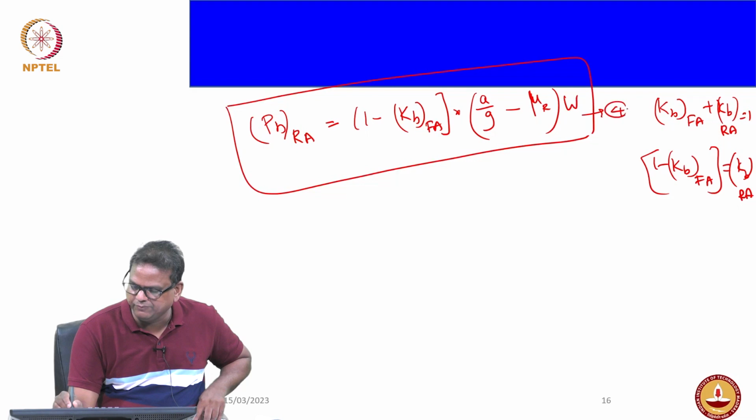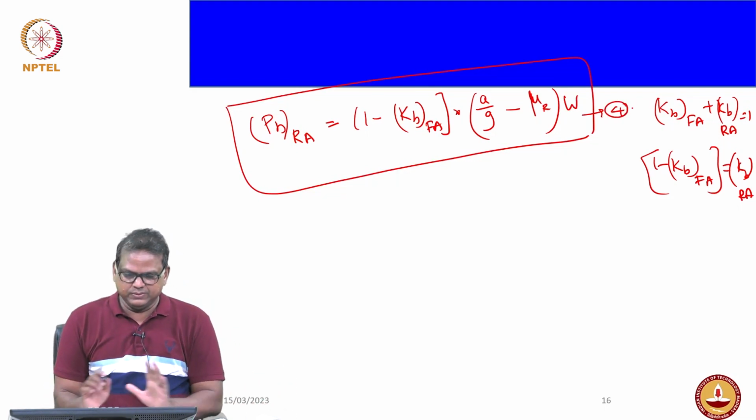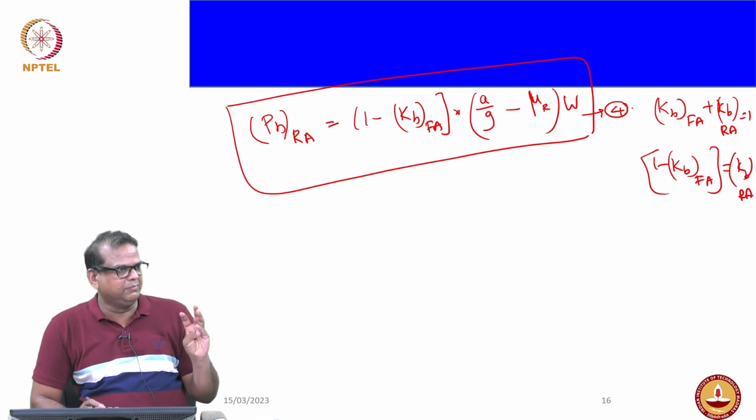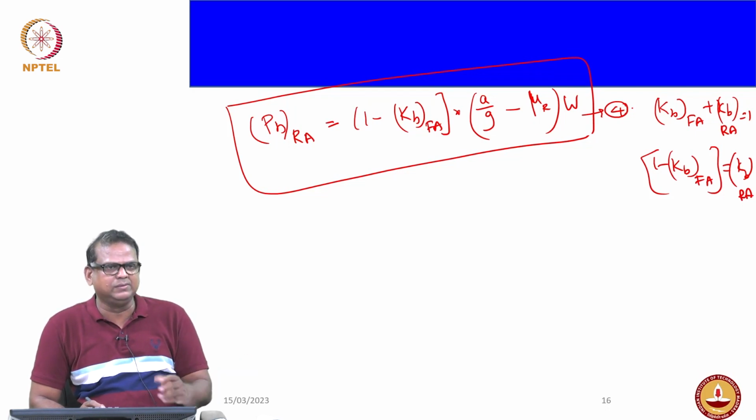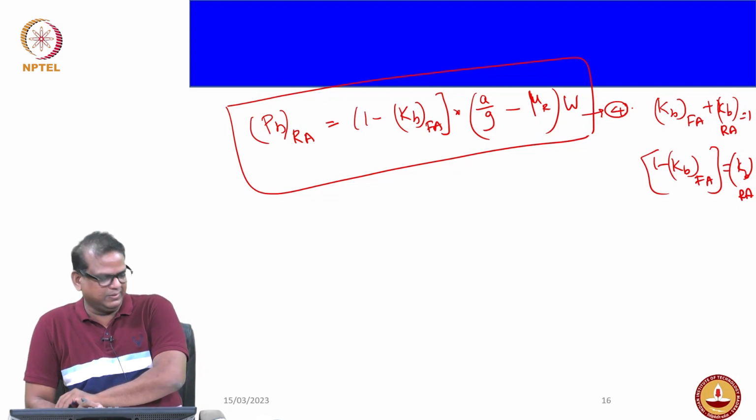So we know the equation. So we got NFA, NRA, PBFA, PBRA, all 4 equations with respect to the deceleration rate A by G. That's what we got.